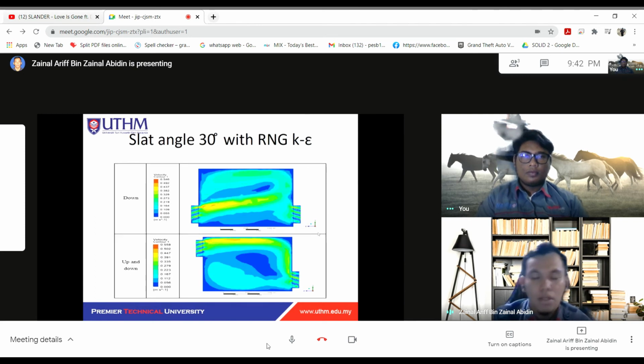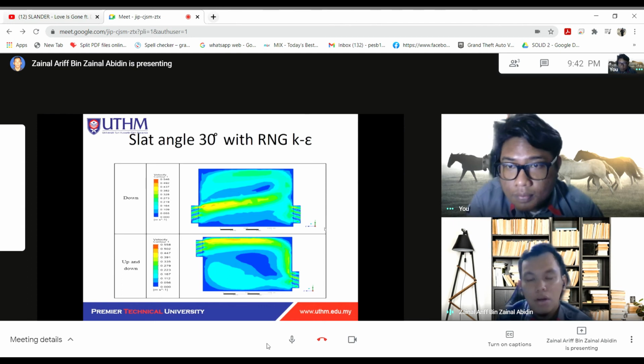Based on the result obtained for RNG k-epsilon with the 30 degree slant angle, the down placement of the louver has a good airflow inside the air ventilation because the flow fills the inside of the air ventilation.